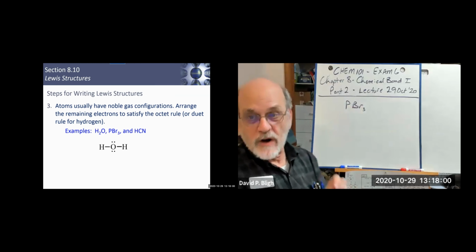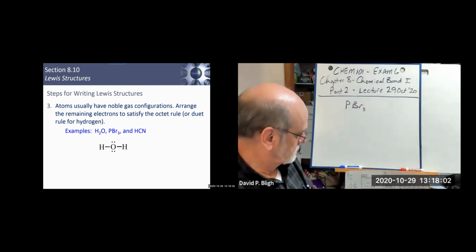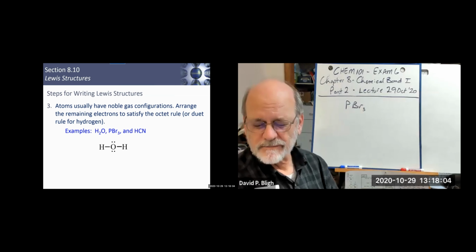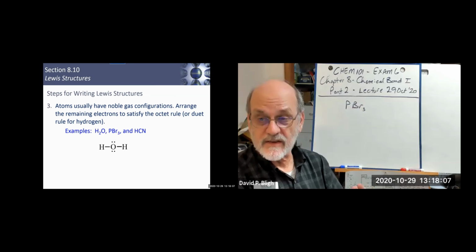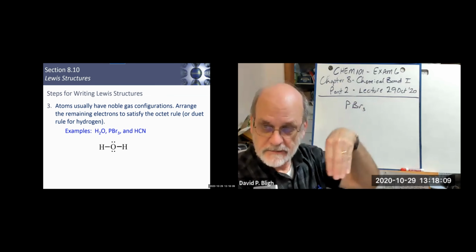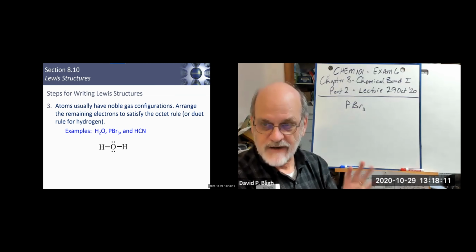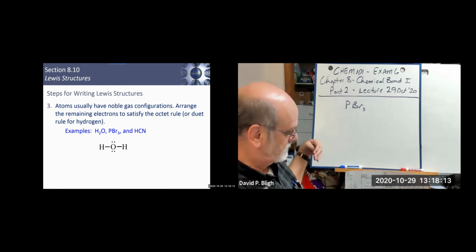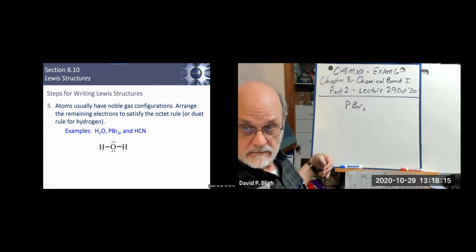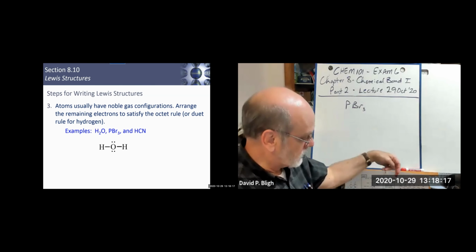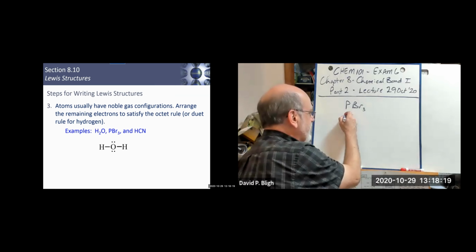Okay, where's phosphorus? It's right under nitrogen, which means it has the same number of valence electrons because it's in the same group. That's 5. There's 5 electrons. Count from the left. 1, 2, 3, 4, 5. So we have 5 valence electrons here.